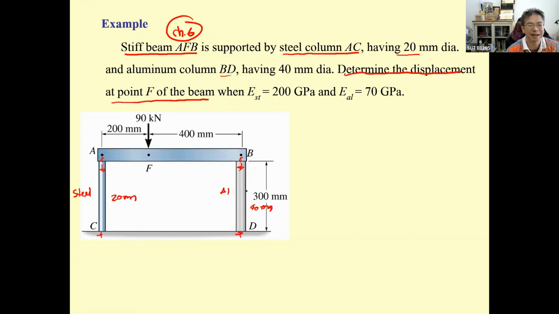Okay, if you consider this one, the beam subjected to the force to the left.